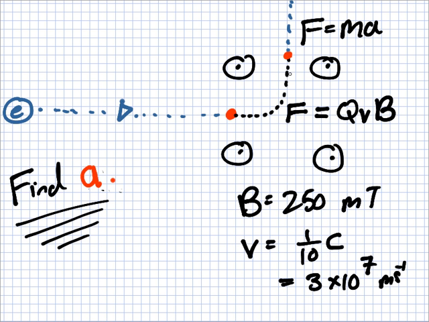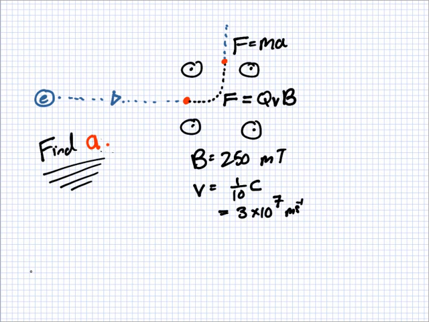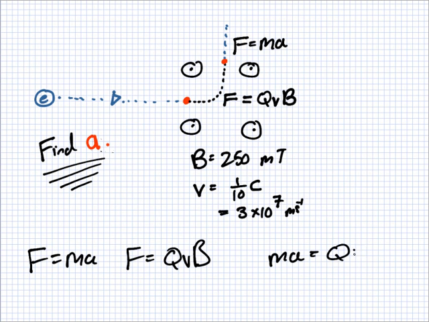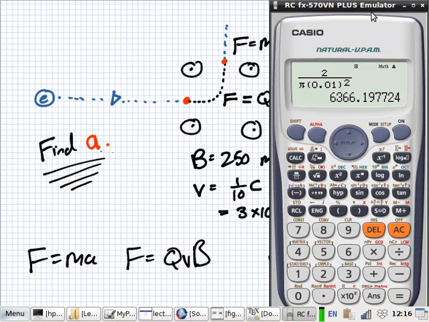I'll show you. Let's do it now. So, F equals MA, but F equals QVB. So that means MA equals QVB. And what am I looking for? The A. So the A is QVB over M. Right, so let's type that in.